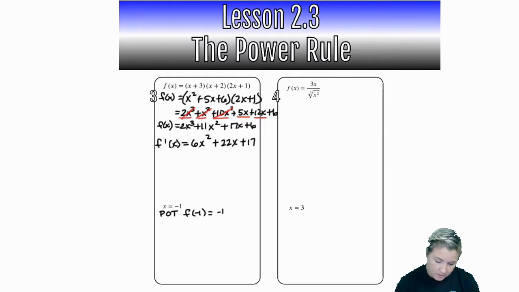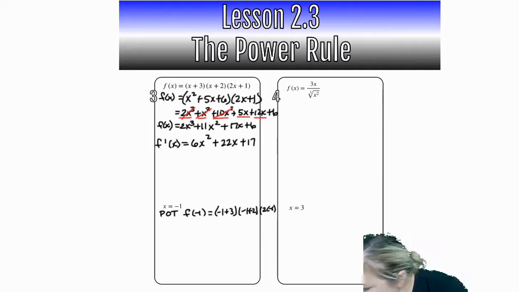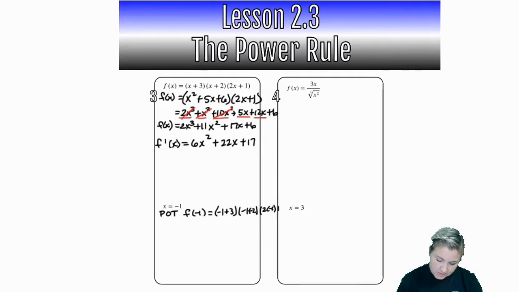Well, that's going to be -1 plus 3 times -1 plus 2 times 2 times -1 plus 1, which ends up being 2 times 1 times -1, which is -2. So my point of tangency is going to be at -1. I get that from here. And then my y value is going to be here at -2.